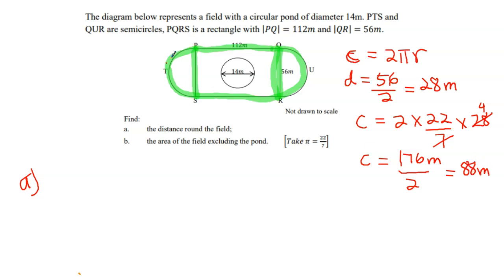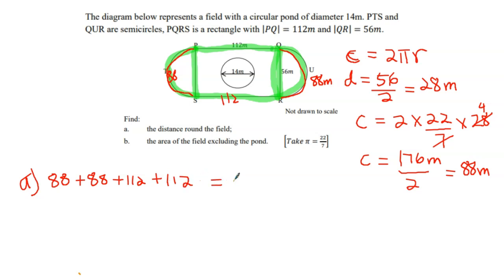For more understanding, here is going to be 88, and here is going to be 88 meters. So now the distance around the field is going to be 88 plus 88 plus 112 plus another 112.